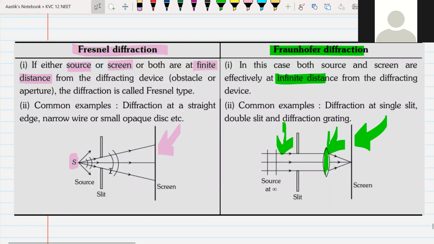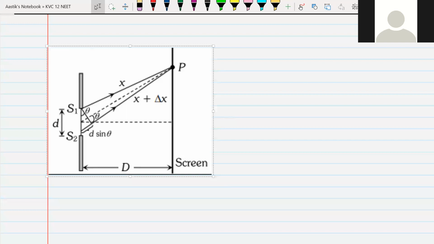So you can write the heading: diffraction by a single slit. And as soon as you write the heading, you will draw this diagram.